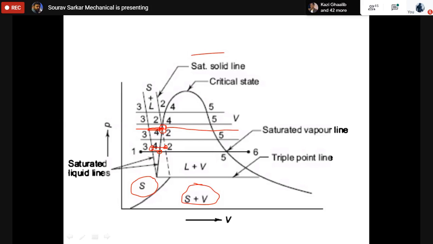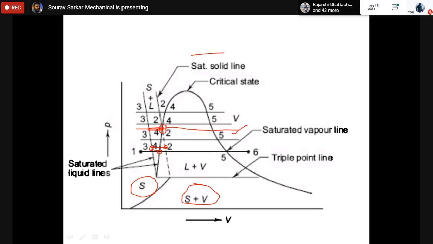So the volume at which it started to melt and the volume at which it is about to boil are the same, accidentally.